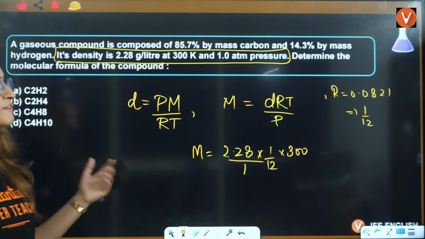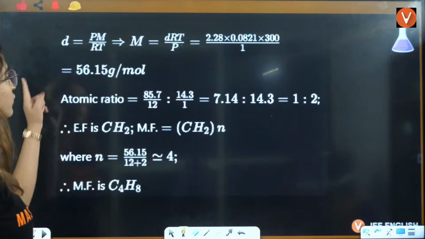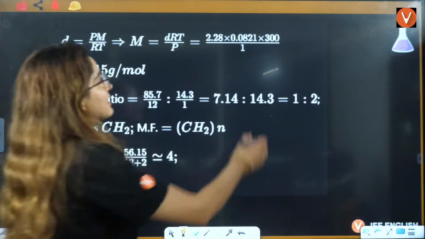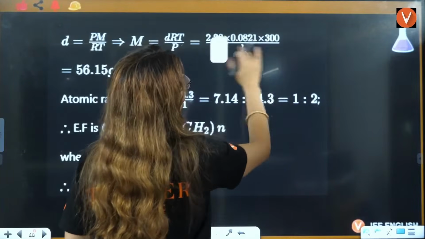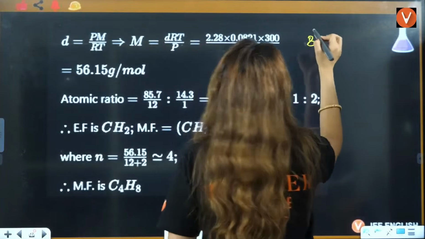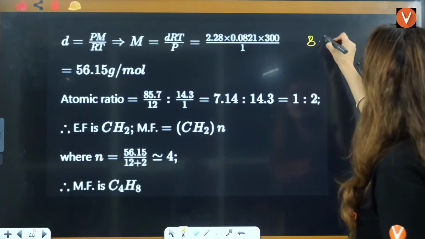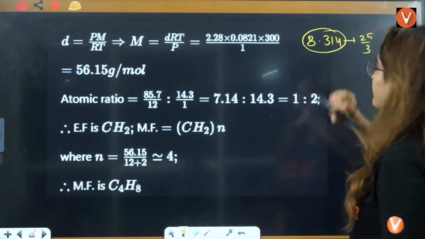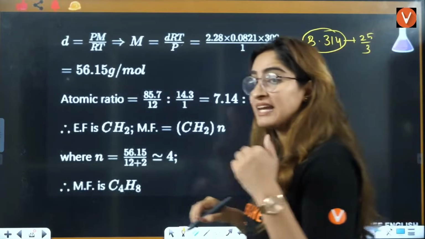Okay, how to decide the R value? You have to see that this is given in volume, so I'll have to put this R value. I told you this in the units and conversions chapter also, that 8.314 is nothing but 25 by 3. But this is only taken when we are talking about energies.